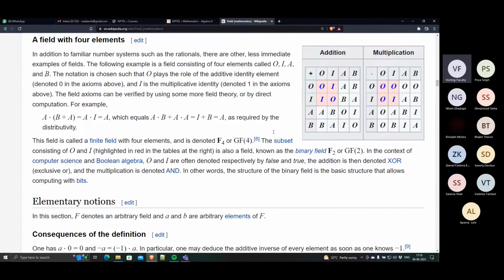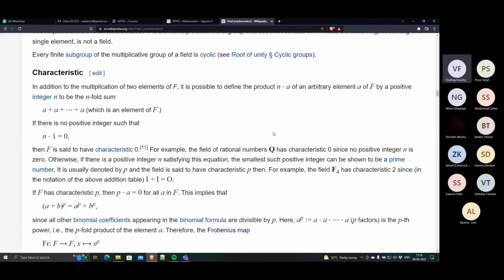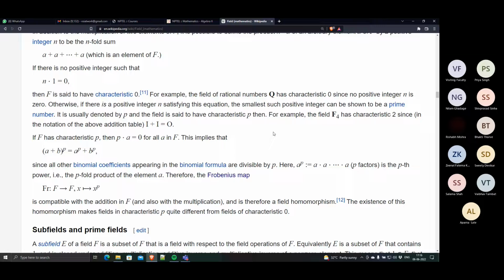So we will go to finite fields. So this is fine. Characteristic पता है आपको? Ring का characteristic तो आपने देखा होगा. Yes, sir. Right? So can you say what will be the characteristic of any field?